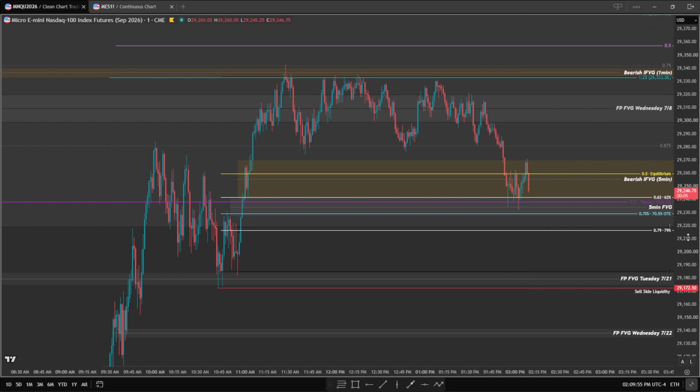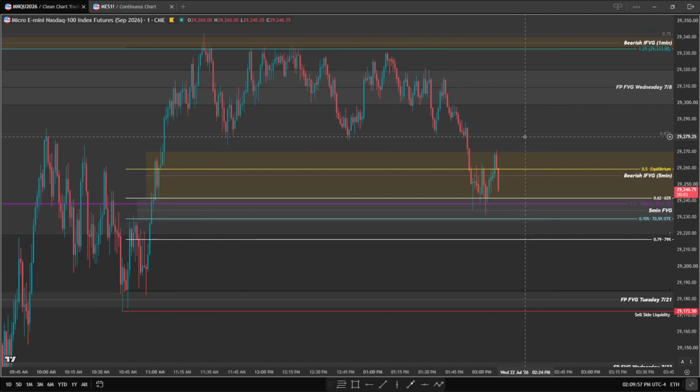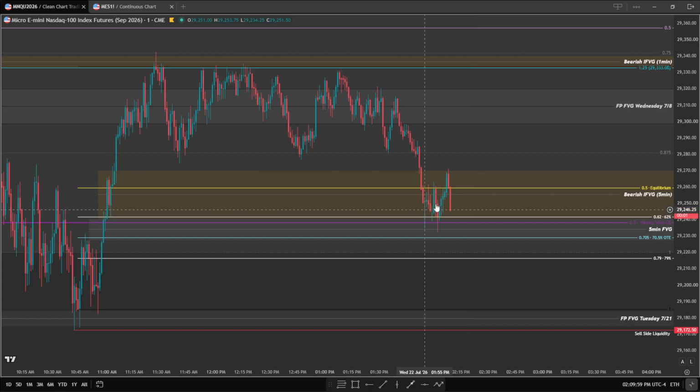I could see myself going long if this second stage fails. If we come below these lows, hold this inefficiency, respect the low of the daily fair value gap, and then maybe around the 250 macro, maybe 230, we make the low potentially.